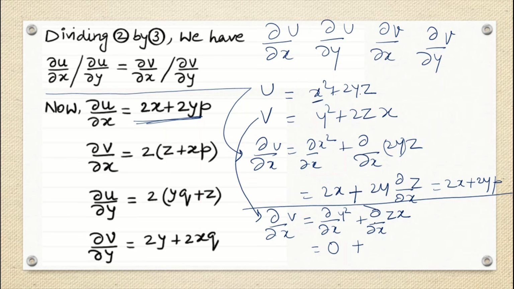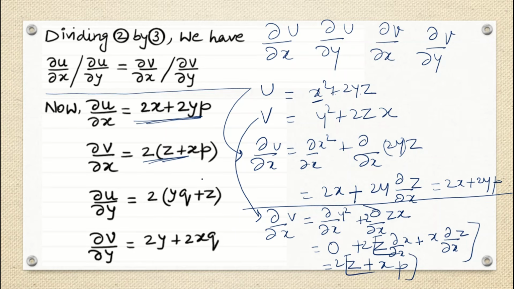Plus del by del x of z into x, that means the product rule: z into del by del x of x plus x into del by del x of z. That is z into 1, so z plus x into p. Somewhere a mistake was made: this is 2 into zx, so the 2 is outside. Now this is okay.